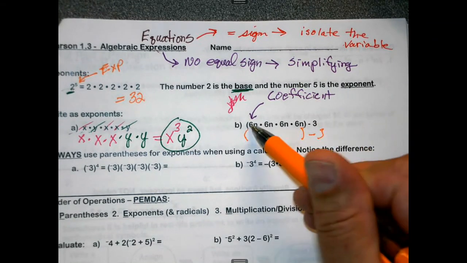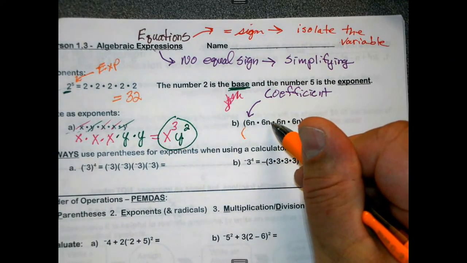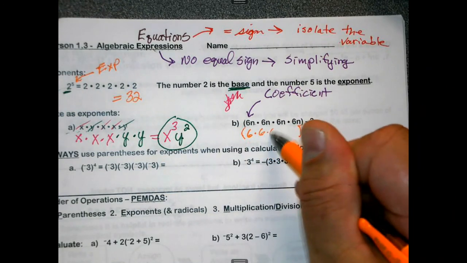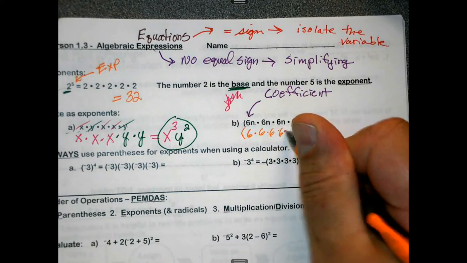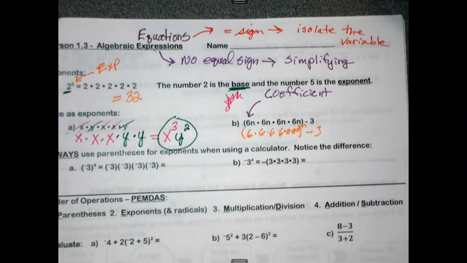So I'm going to go ahead, because this is all multiplication, remember it's 6 times n, I'm going to group my sixes, 6 times 6 times 6 times 6, and then my n's. Oh, I'm not going to fit it in here. Times n, times n, times n, times n. Okay. Well, 6 multiplied by itself 4 times. Now, I know a lot of the worksheets and a lot of the tests says no calculator, especially SATs.